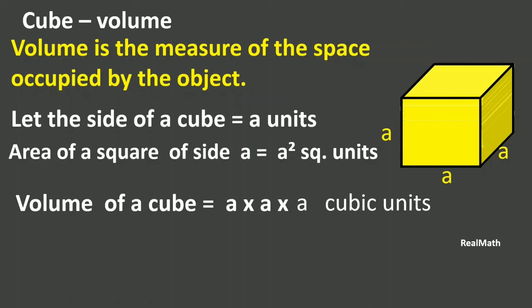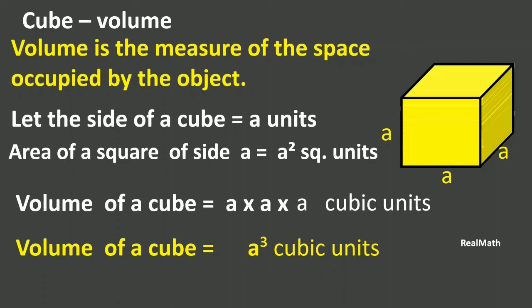So volume of the cube is equal to A cube cubic units. Remember, for a volume we always have to write cubic units because it is occupying X direction, Y direction and also Z direction. It is a 3-dimensional figure. That is why volume we are going to write with cubic units.